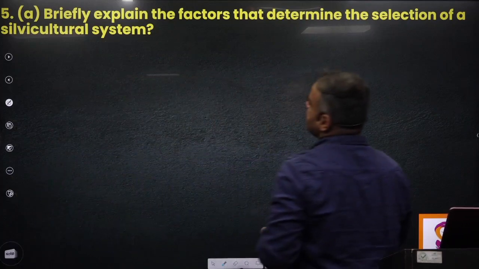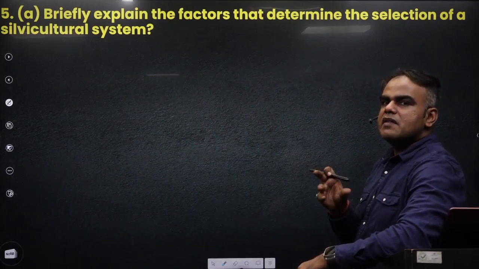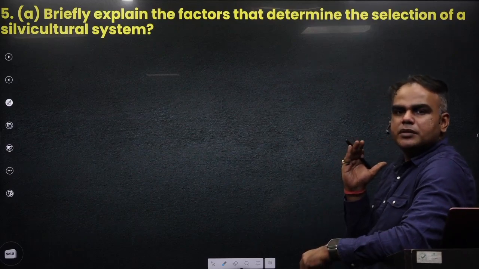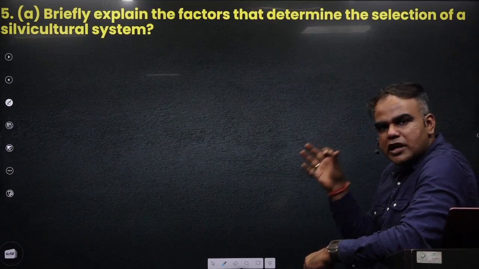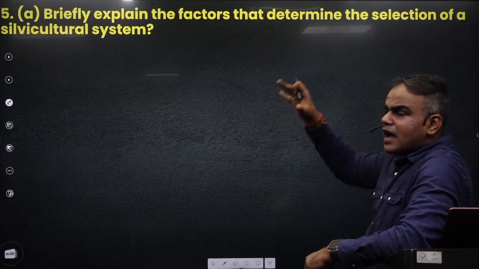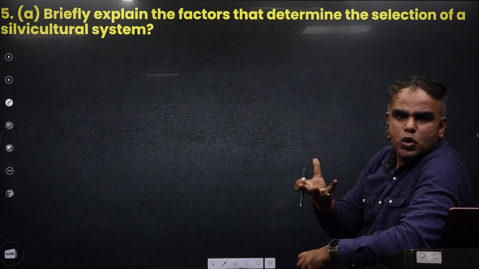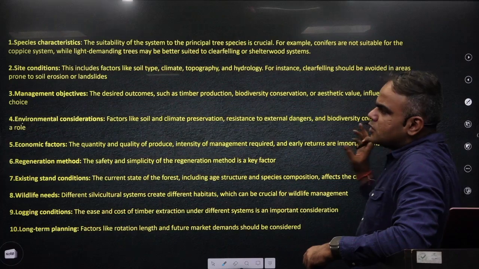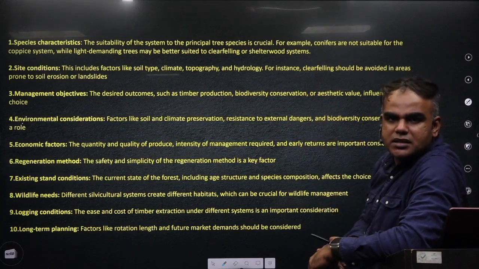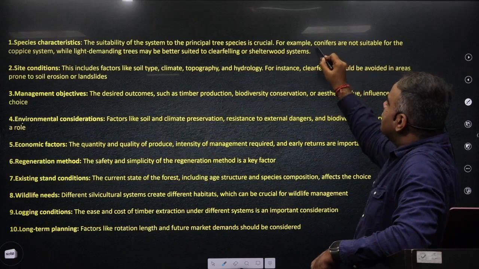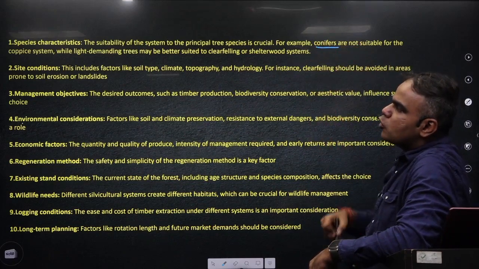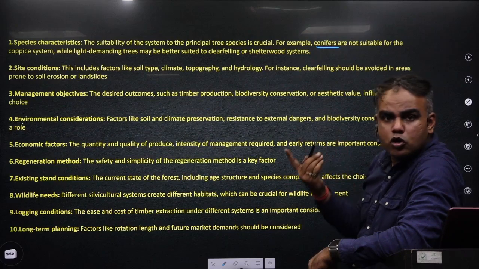The question simply says, if you have to go for a silvicultural system, it can be a clear felling system, a selection system, or a shelterwood, any system. If I have to choose a system, on which factors would it be? Here, first, what are the species characteristics. Conifers are not suitable for coppice; for example, I told you they are not good coppicers.